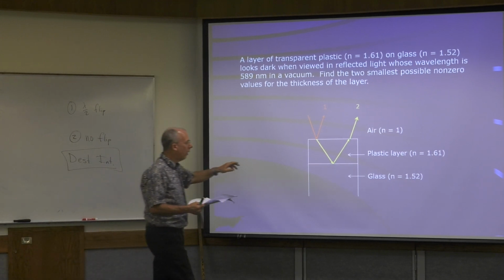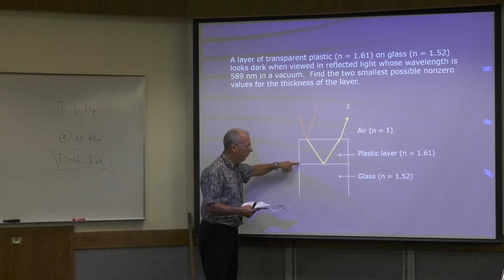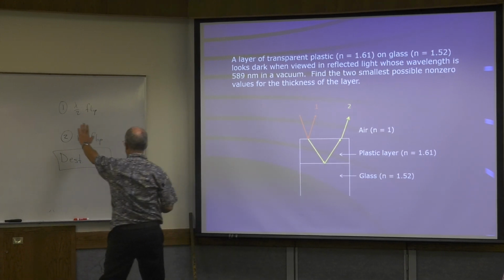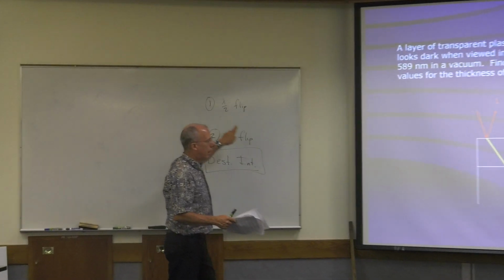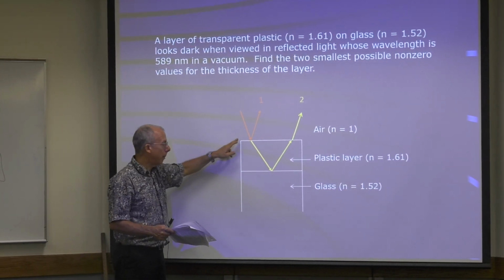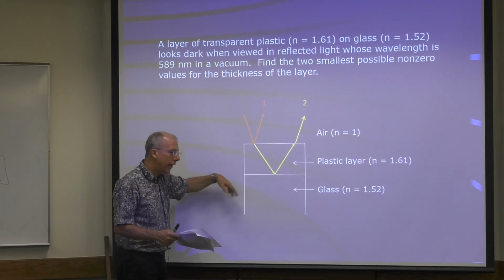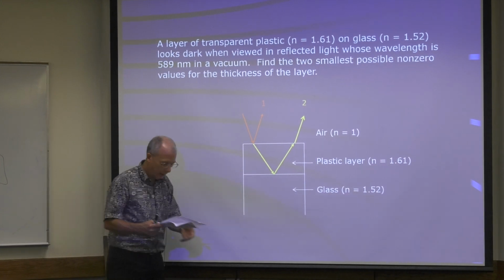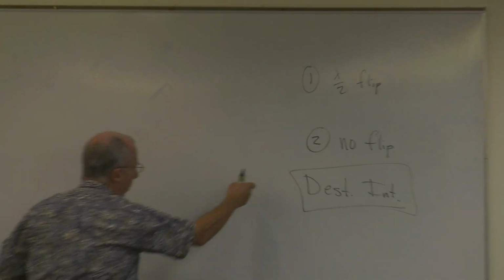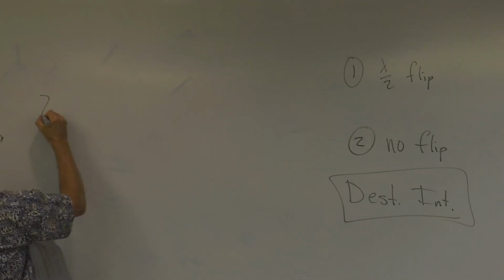So what do we want this path difference to be? Right now we're going to get destructive interference because there's only one flip. So we don't want the path difference to mess it up. So we want the path difference to be one wavelength, two wavelengths, on and on.